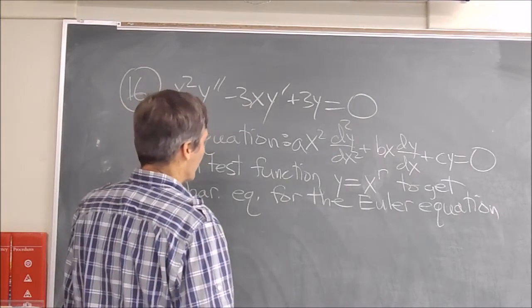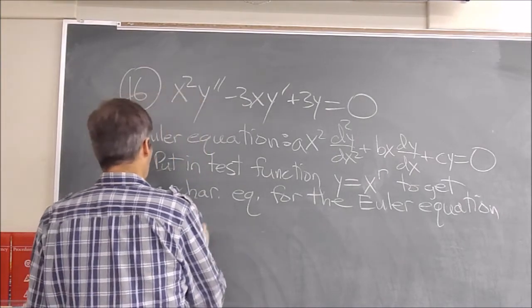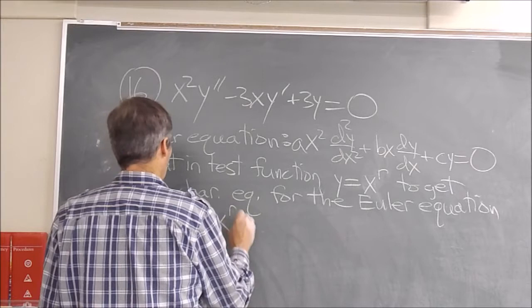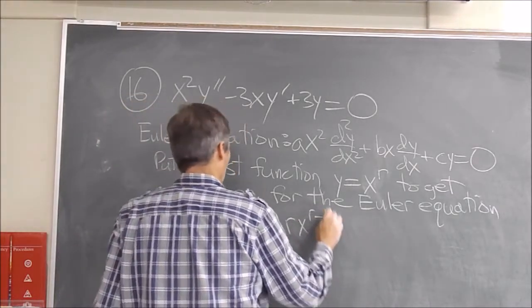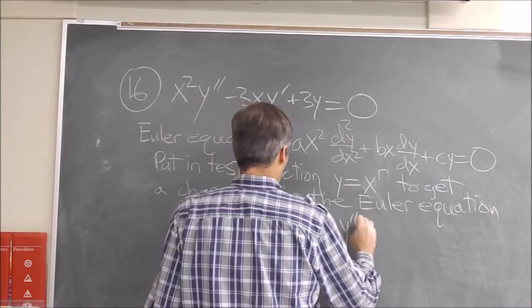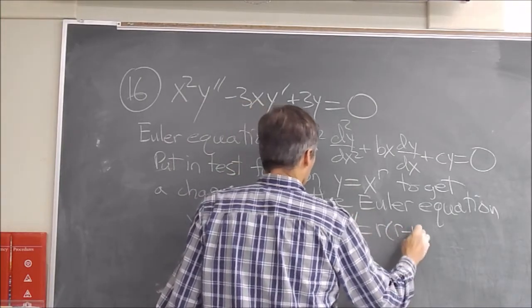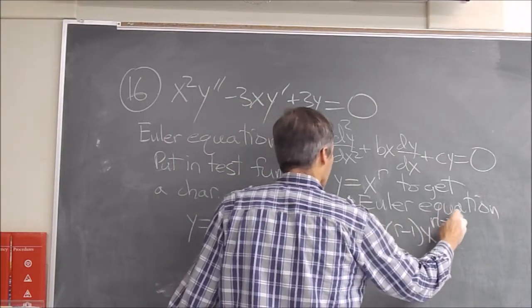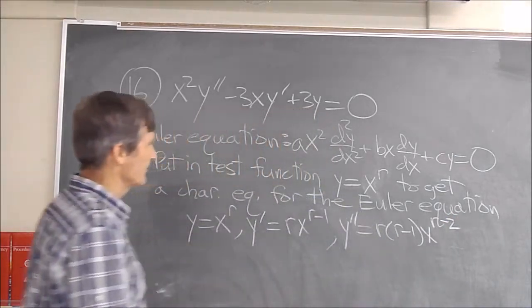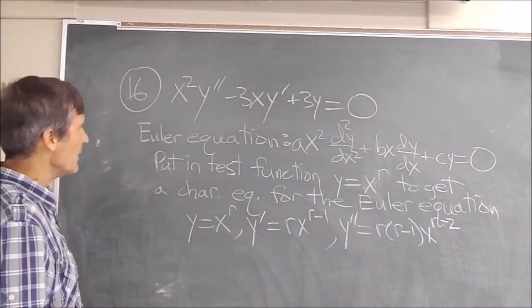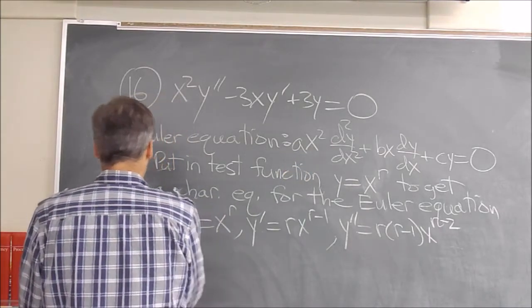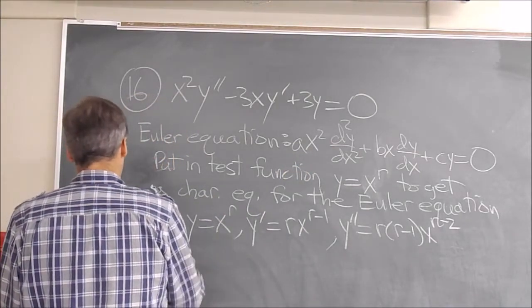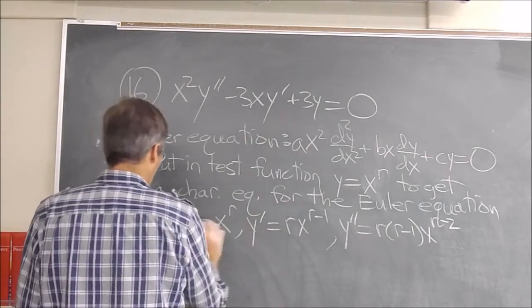when you put that in, y equals x to the r, y prime is then equal to r x to the r minus 1, and y double prime is equal to r times r minus 1 times x to the r minus 2. So when we plug that in, let's do the actual one here.